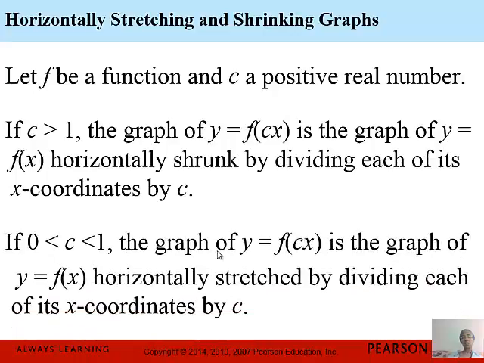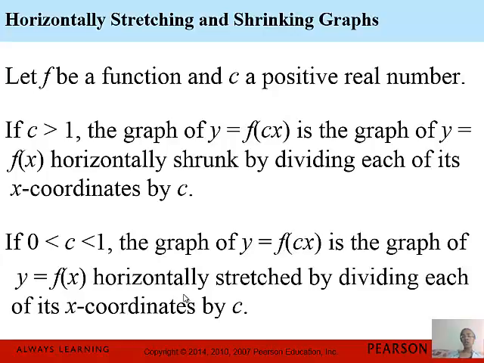If c is between 0 and 1, the graph of y equals f of cx is the graph of y equals f of x horizontally stretched by dividing each of its x coordinates by c. So the thing to notice here is that the change that occurs is to what you're putting into the function.